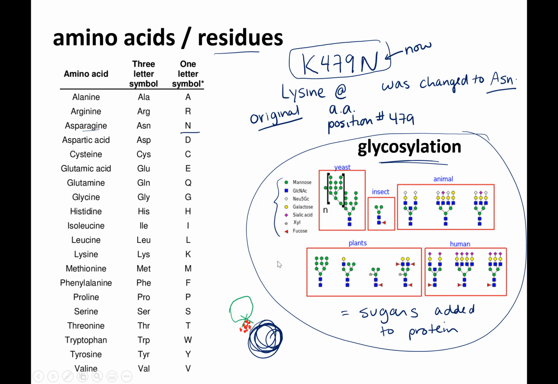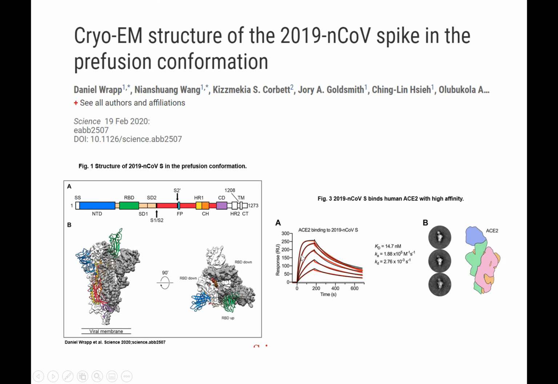Okay, so that should help you with techniques from the paper. Even though this is a 2005 paper, I want you to know that they're still looking at this. A paper just came out on the 19th of February, and they just figured out the structure of the new 2019 coronavirus spike protein, and they're looking at its interaction with the ACE2 receptor.